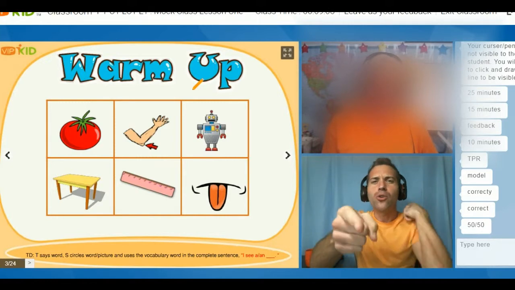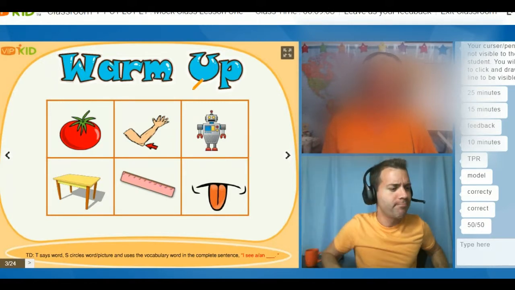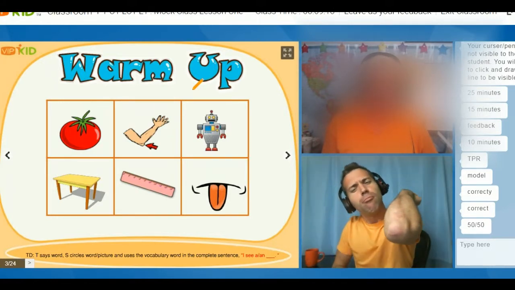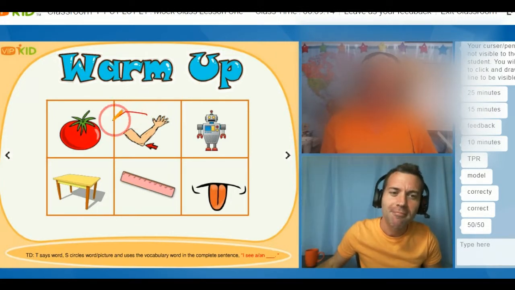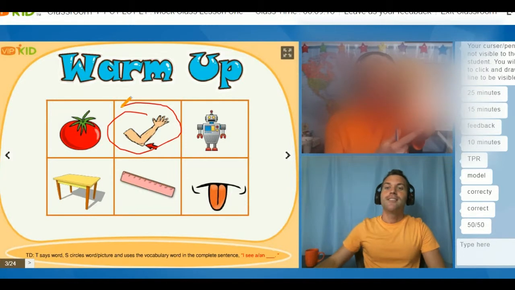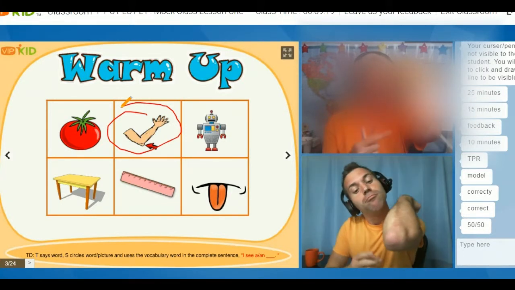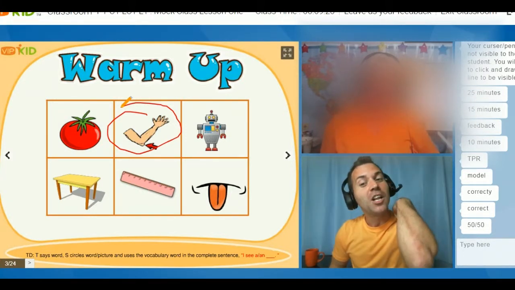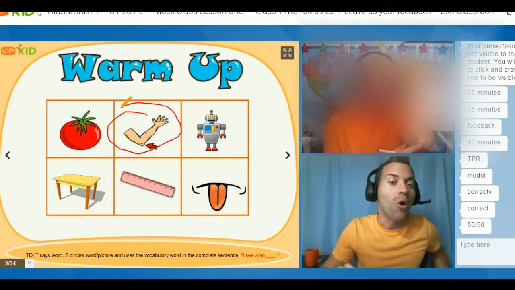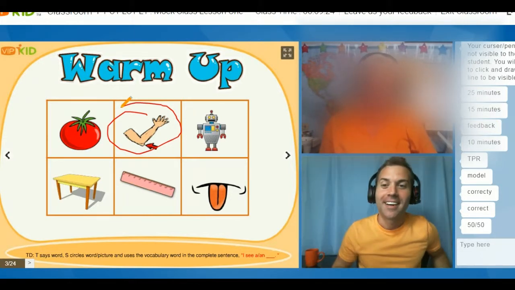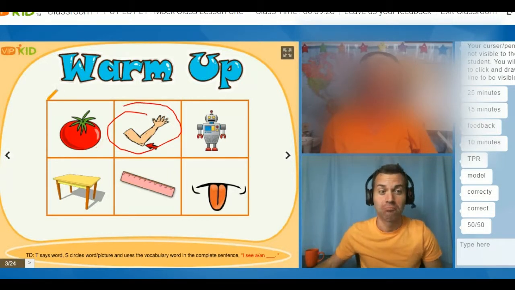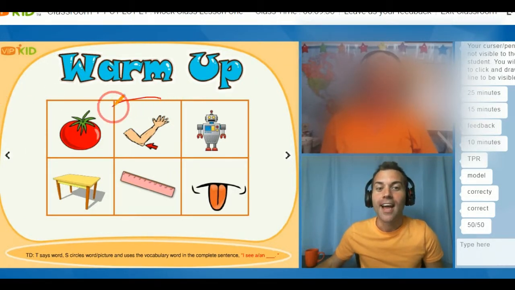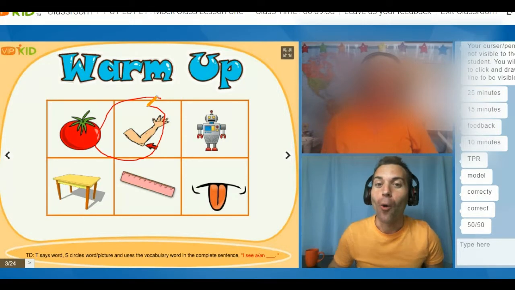What do you see? Elbow. Good. I see an elbow. An elbow.